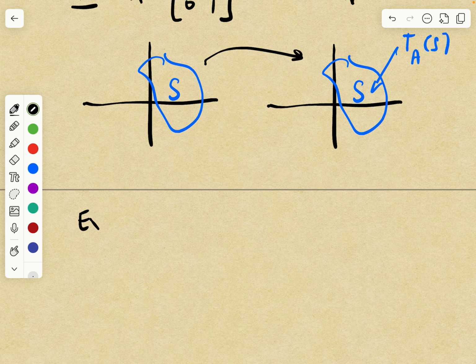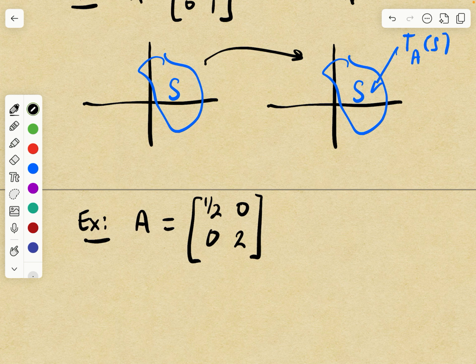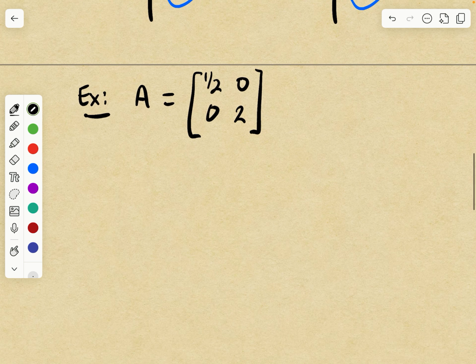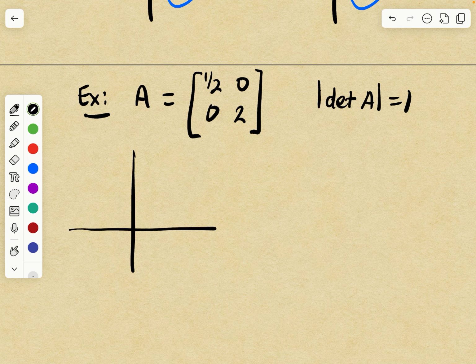Okay, let's say that you had the matrix A equals 1/2, 0, 0, 2. So again, this is a matrix with determinant 1. The absolute value of determinant of A is 1. So the theorem says that if you look at R2 and look at the outputs and you look at a region in R2 with finite area, the area of the image will be the same.